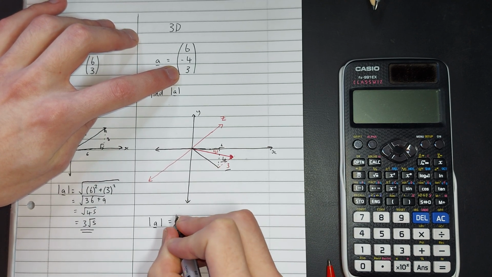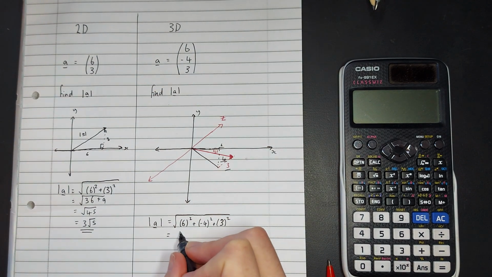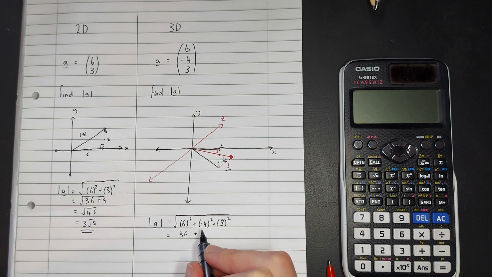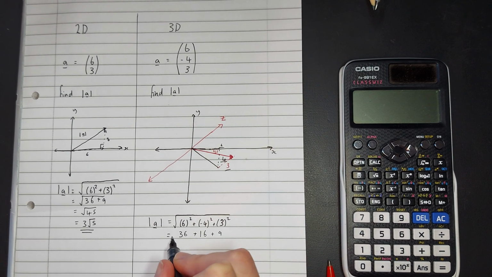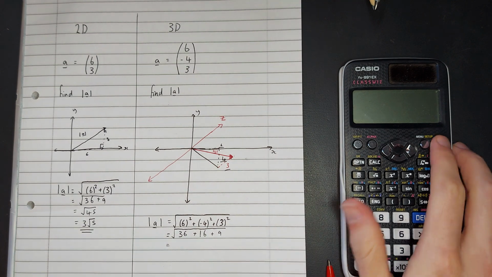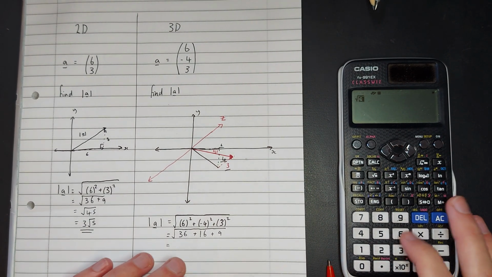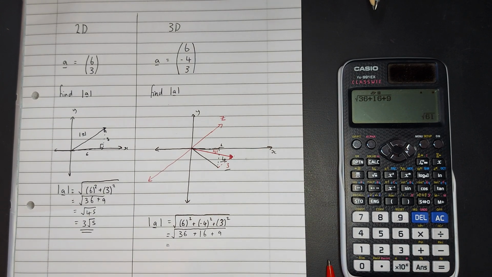I'm going to square root that. And what does that give us? Well, 36 plus, because when I square that it becomes positive, 16, plus 9, and I'm going to square root all of that. Stick that into your calculator: the square root of 36 plus 16 plus 9. So you get root 61.